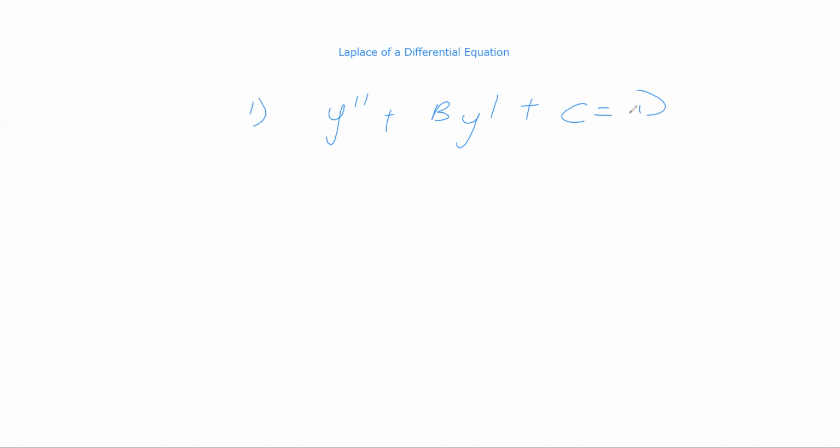So then when you're talking about taking the Laplace of the differential equation, this is where we start. Then we're going to take the Laplace. When we end up taking the Laplace, we keep in mind, there might be a y here, there might not. When we go ahead and take the Laplace of this differential equation, what we want to keep in mind is that these guys have special equivalences associated with them.